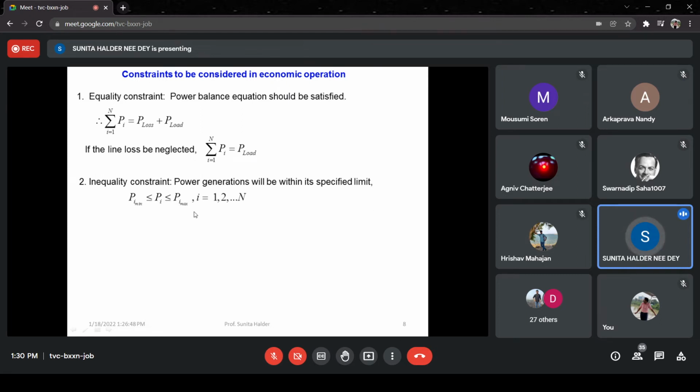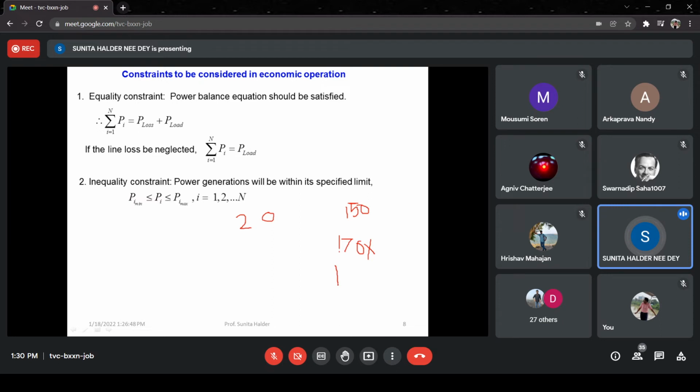Say for example, a generator's maximum generation is 150. But the economic generation schedule is suggesting that 170 should be economical for this generator. Physically, this generator cannot supply 170 megawatt. So this generation schedule will not be feasible.